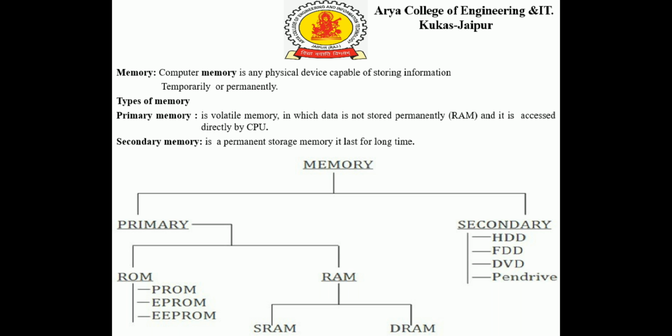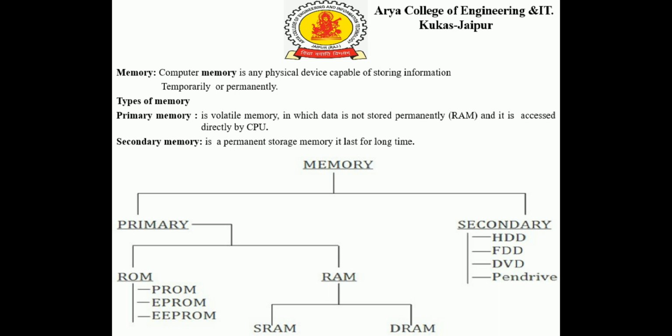Next is the memory. What is the memory? The next part in the CPU. We have studied the input unit, then we are on the CPU, the central processing unit. In the CPU we are studying about the memory. What is memory? A memory is a physical device capable of storing information temporarily as well as permanently. If temporarily, it is a primary memory. If permanently, it is a secondary memory.